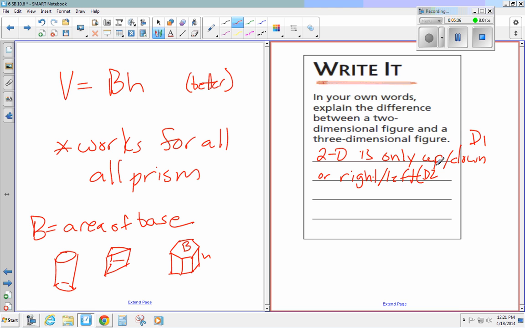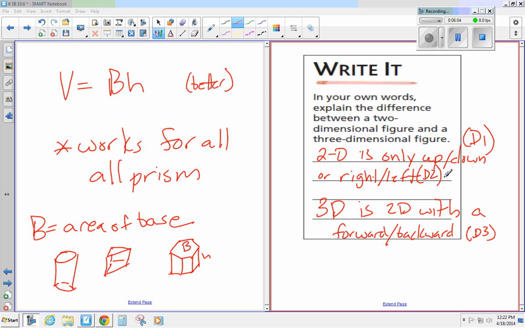There is no other dimension. It's a flat surface. Whereas 3D is 2D with a forward and backward movement, which is where the third dimension comes into play. So that is a big difference right there.